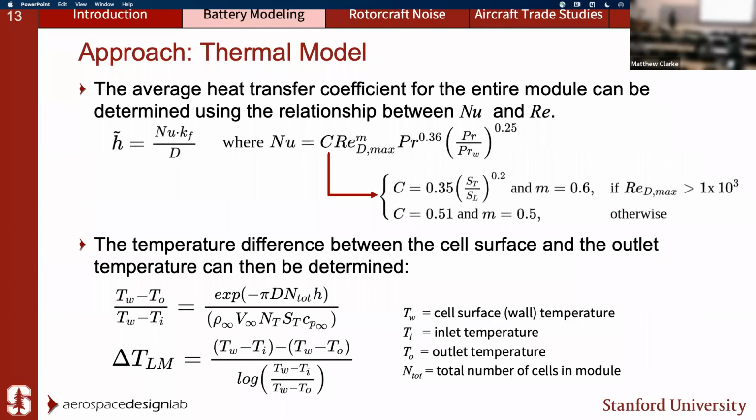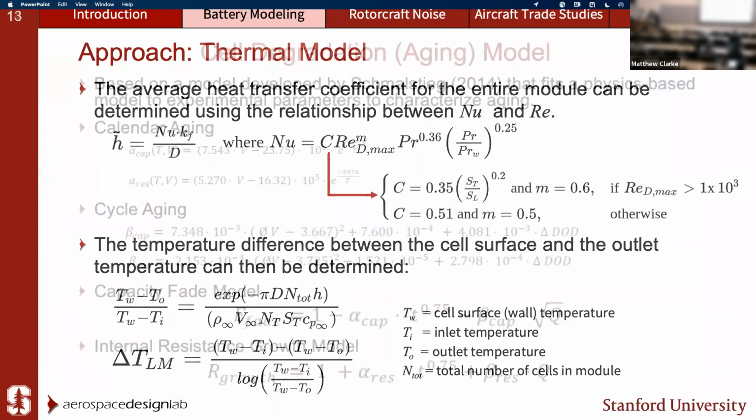Well, this value is essentially a function of the Nusselt number, the Prandtl number, and a few other numbers. I won't bore you with the details, but once you have this H value, you can compute the log mean temperature difference, and therefore you can compute the amount of thermal energy within the battery pack, right? So now we're moving away from these simple models to predicting the temperature of our battery pack.